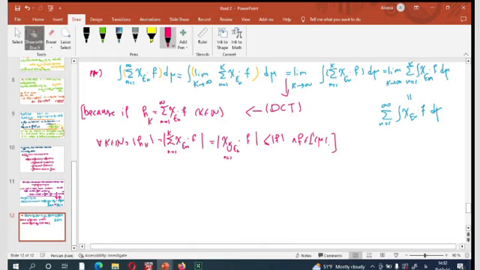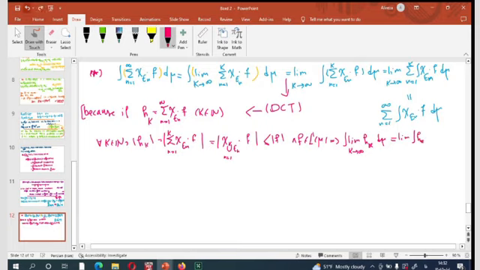Let me continue again. So that the integral of the limit of Hk d mu equals the limit of the integral of Hk.